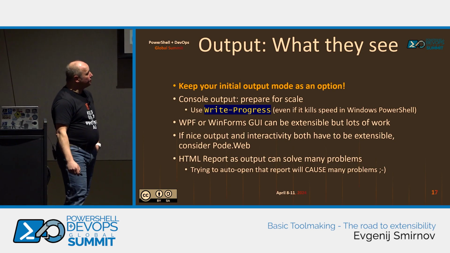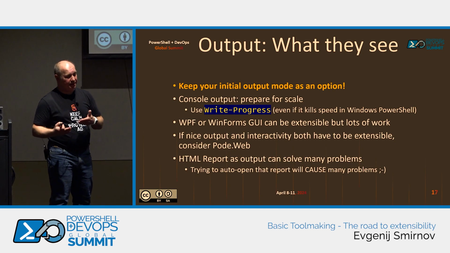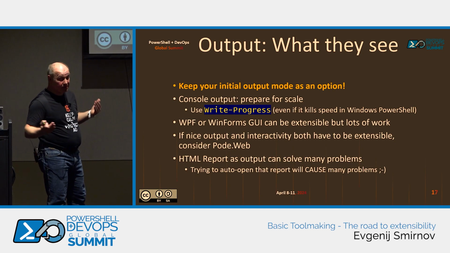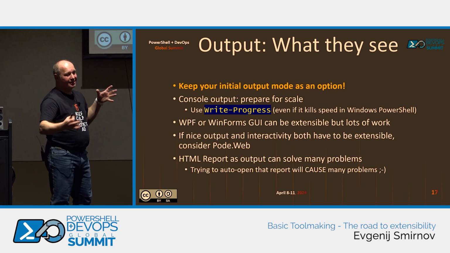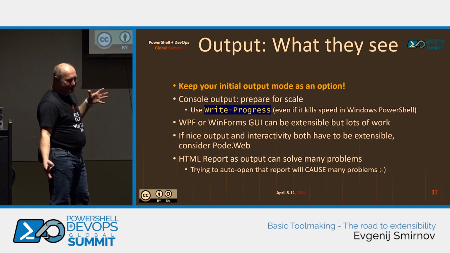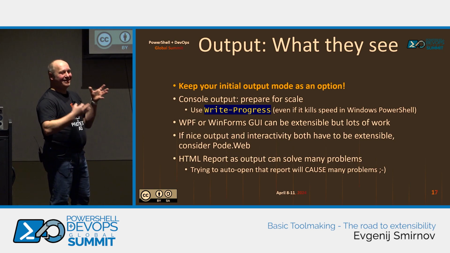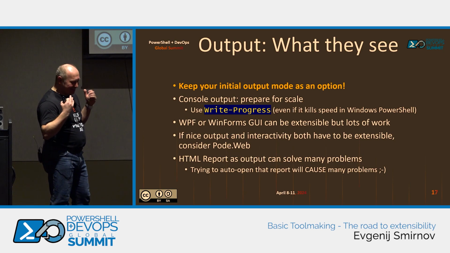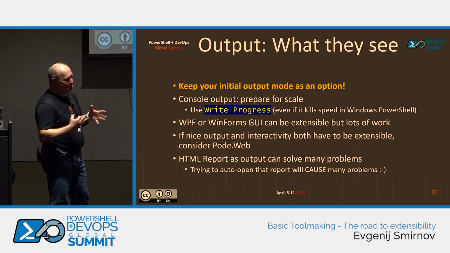What I found a very, very good way to provide both rich output and good extensibility and good user experience as well is HTML reports. Not looking like they were made in the 70s. They should be pretty. They should be interactive with some JavaScript embedded into them.